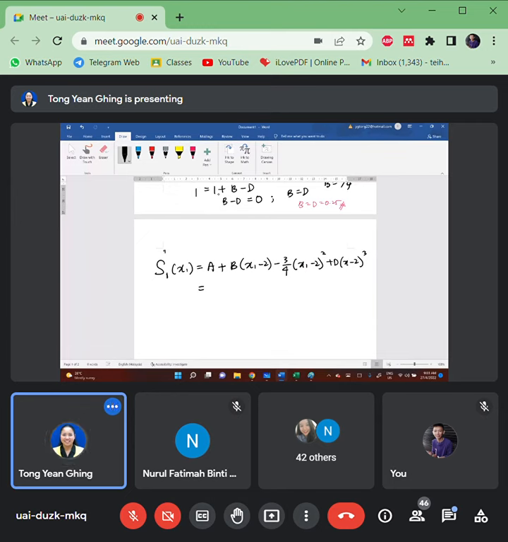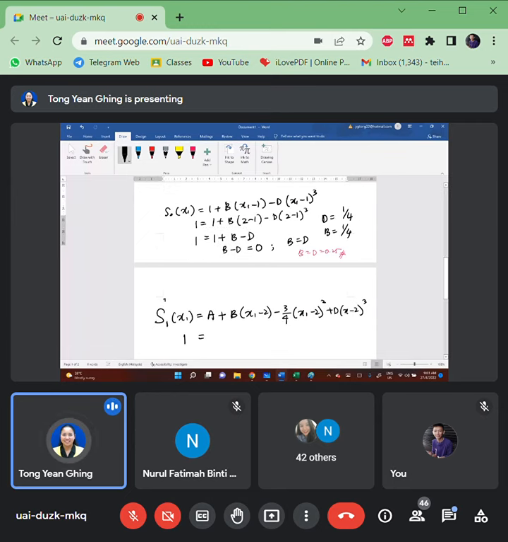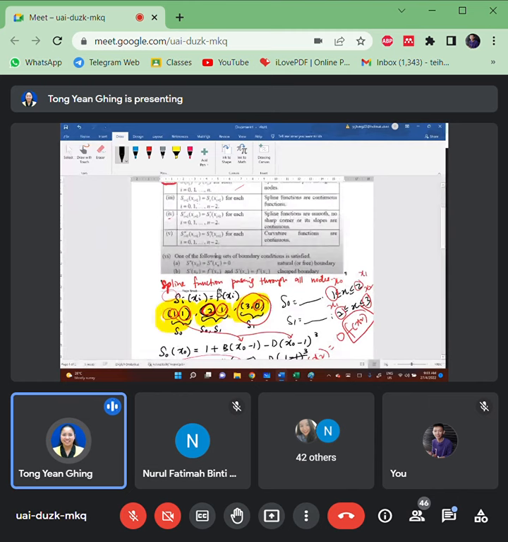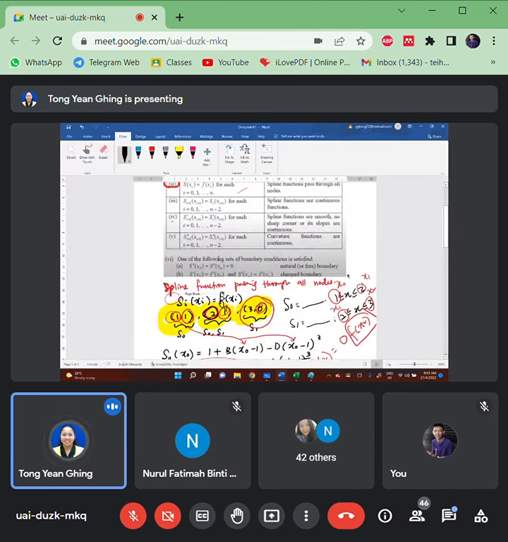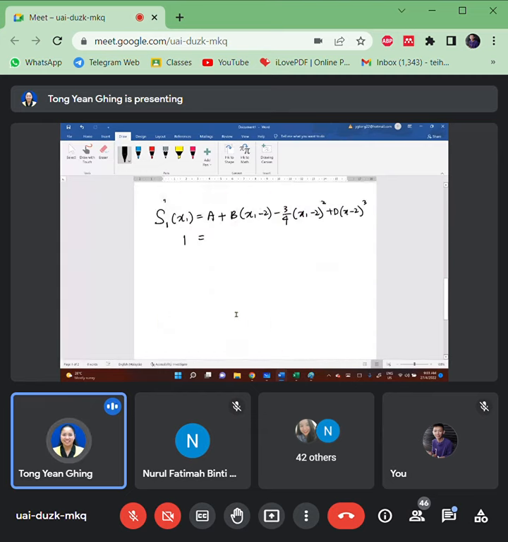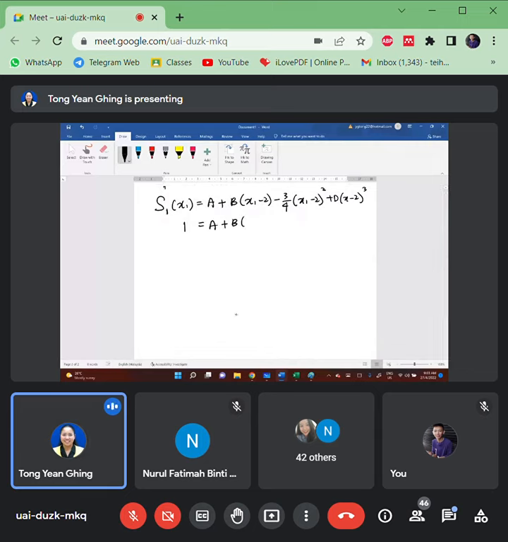The value of this is 1, its y is 1. So now A plus B times 2 minus 2, 2 minus 2 plus D times 2 minus 2 to the power of 3. So here already 0, 0, 0. So A equals 1. Fatimah, you get ready. A equals 1.